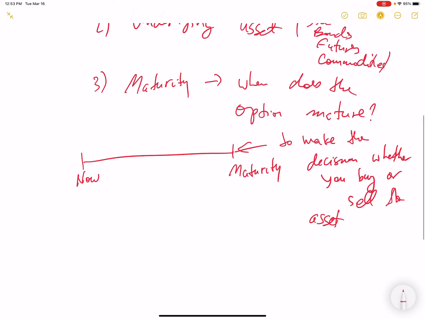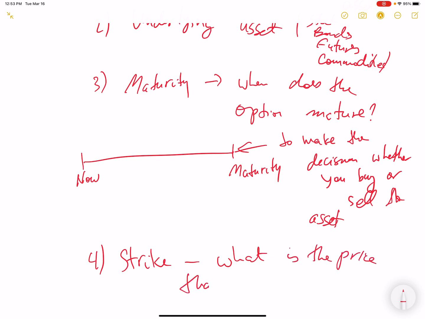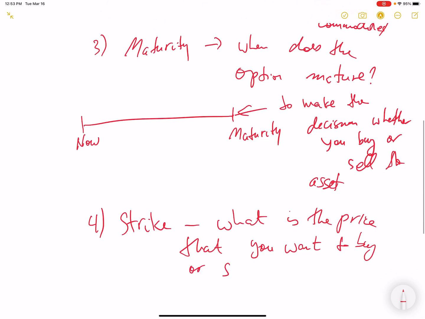Okay? And then you have the strike. What is the price that you want to buy or sell the asset for?